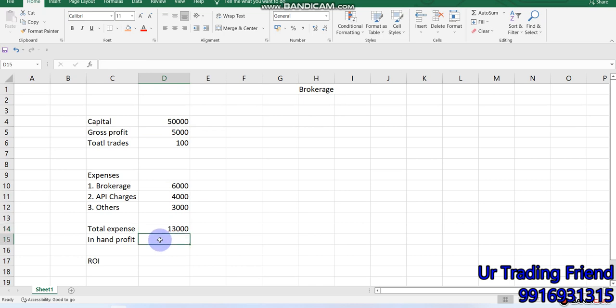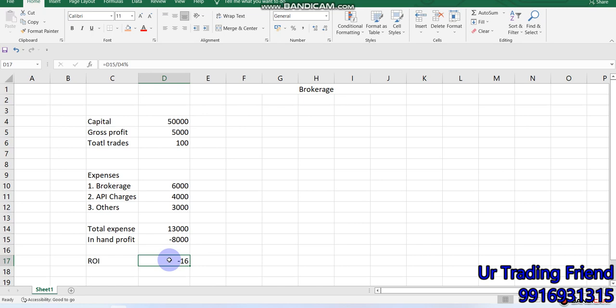So what is the in-hand profit? 5,000 minus 13,000, you are in a minus 8,000 loss. Your capital was 50,000 and you are in a loss of 8,000 that particular month. What is the ROI? 8,000 divided by 50,000 as a percentage, that is minus 16%.